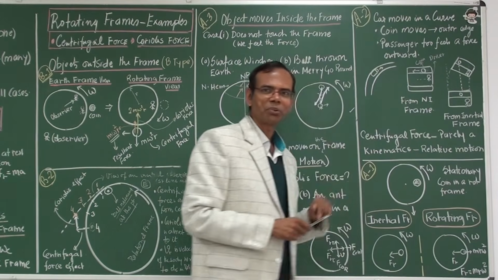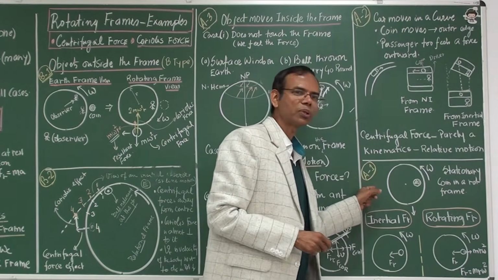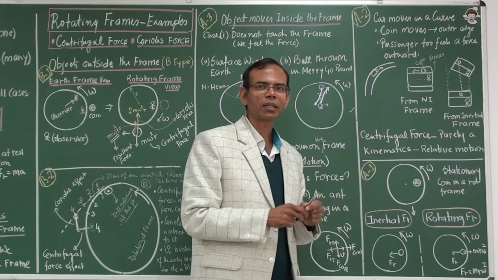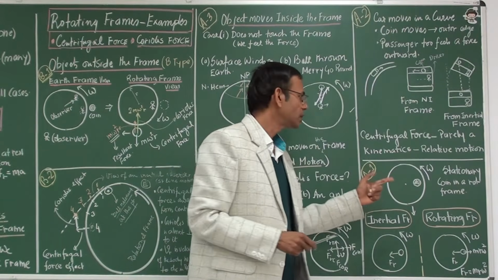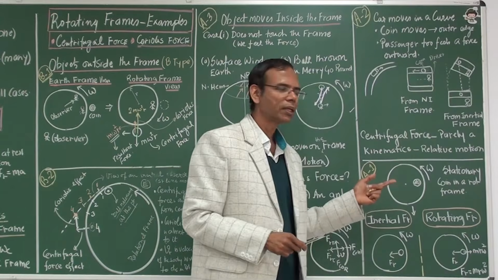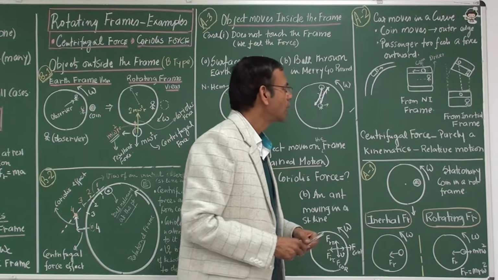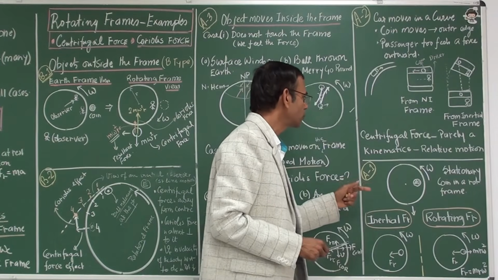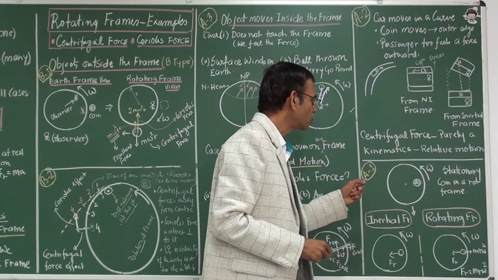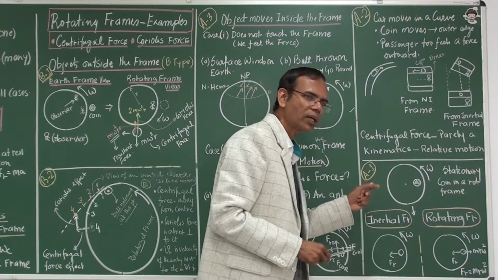The last example. Now the last example is the first example that is given in the textbook. This is a very, very popular example in the textbook. Now in this particular example, what I feel is the centrifugal effect.